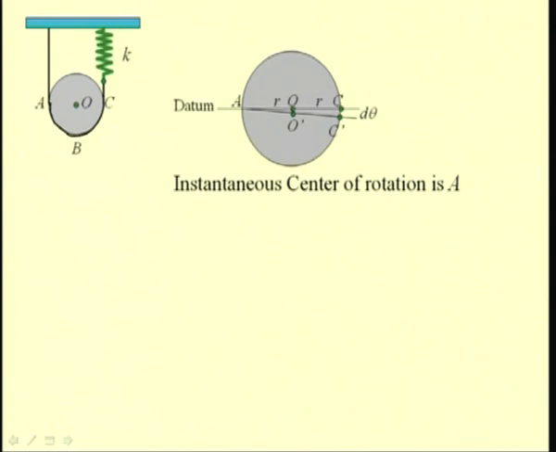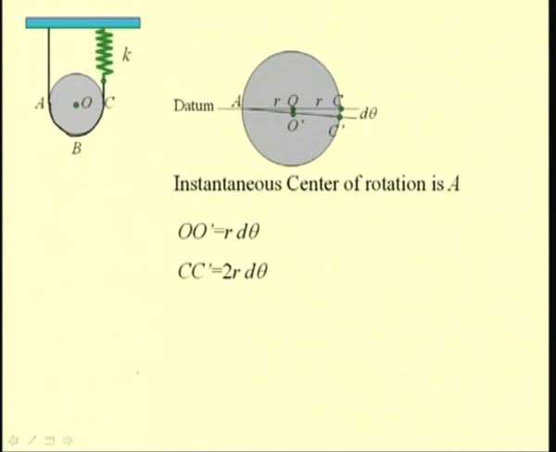So, these displacements, that is the displacement of the mass center of this disk and the displacement of this point C, which is connected to the spring, can be derived in terms of this angular displacement d theta.